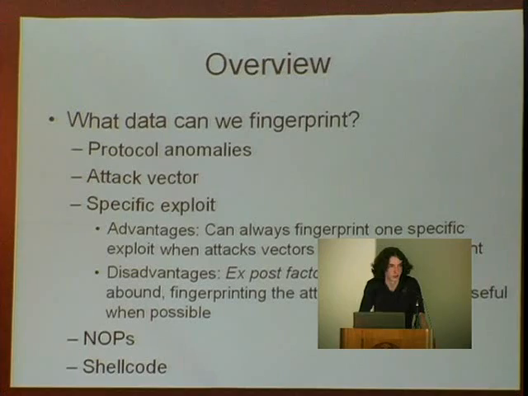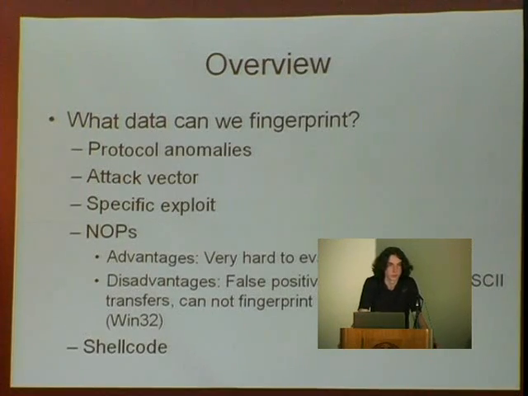This is useful when you can't do attack vector fingerprinting. When this actually occurs, it's not very often. It has lots of disadvantages. It's built after the fact, and different exploits abound. You release it and it's pretty much outdated already because anyone can just modify some ASCII string to change one letter and suddenly, bam, you're past the IDS.